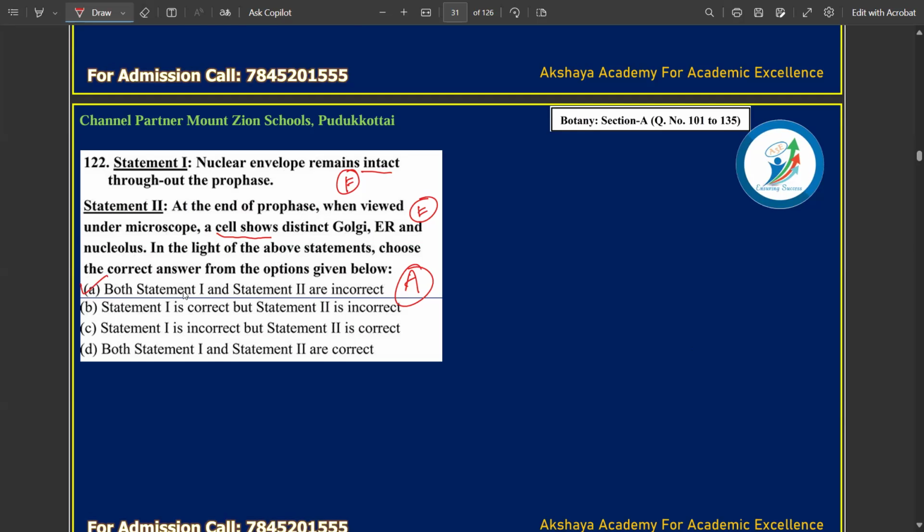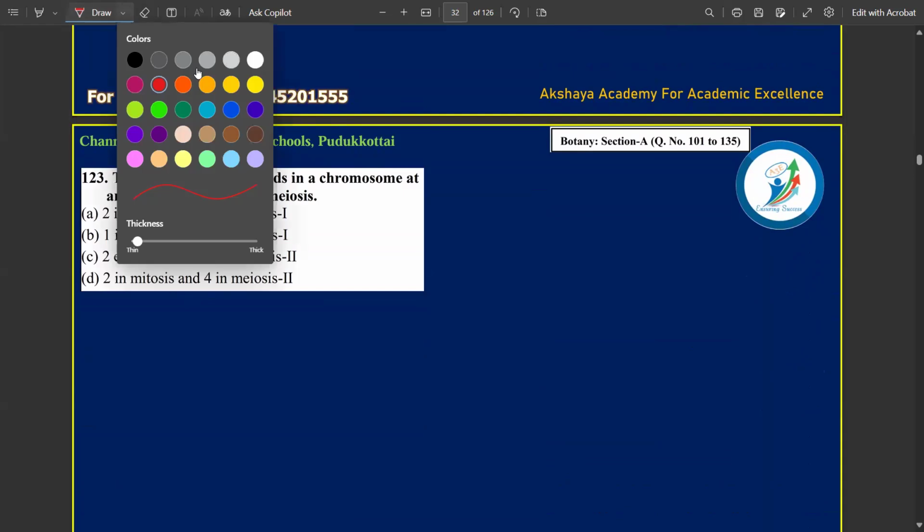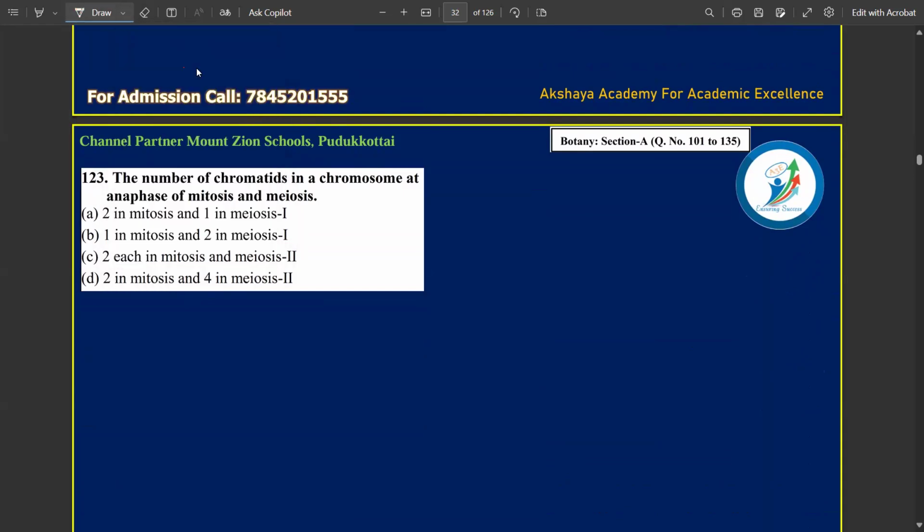Let's go to the next question. The next question talks about cell division. What it asks you is the number of chromatids in a chromosome at anaphase of mitosis and meiosis.